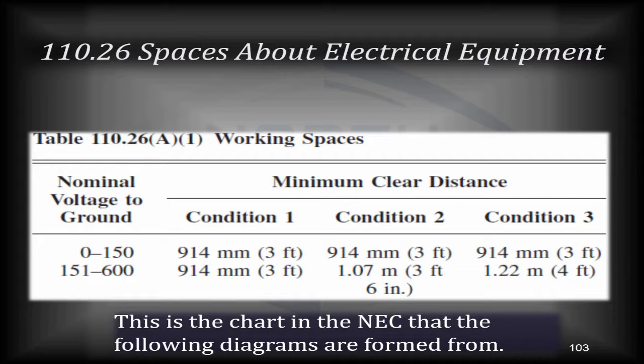If you look at it, the one that we're going to focus on is your nominal voltage to ground being 0 to 600 volts. And you'll notice that there are two distinct separations here, where you got 0 to 150, and you got conditions 1, 2, and 3, and then 151 volts to 600 volts with conditions 1, 2, and 3.